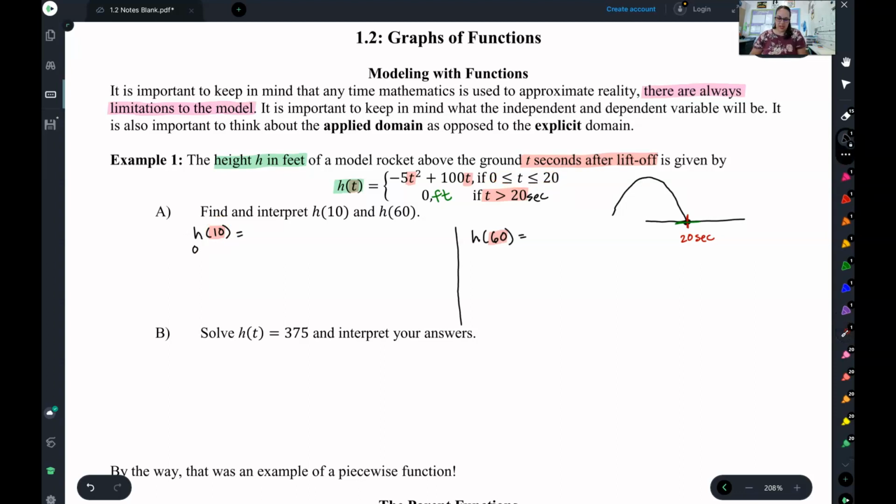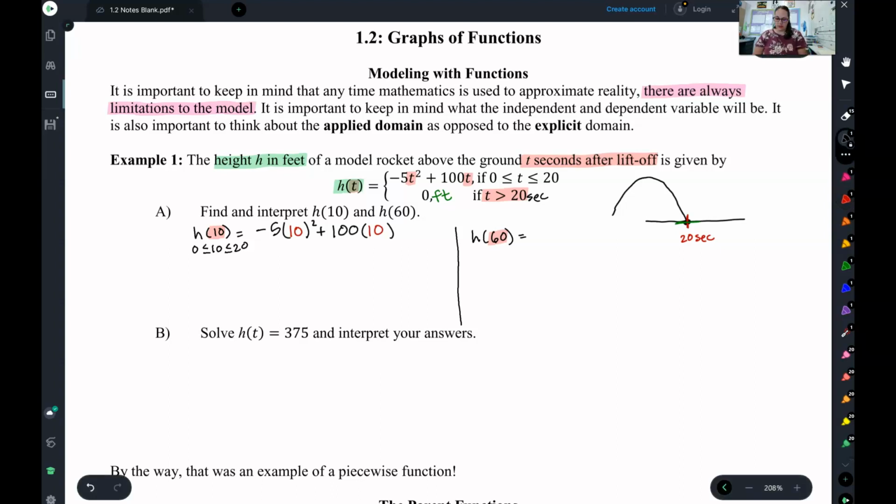So because that 10 is between 0 and 20, I'm going to use that equation for it. And just like we did last lesson, anytime I see a variable, I'm going to put empty parentheses and then fill that variable with my time, my number that I'm plugging in.